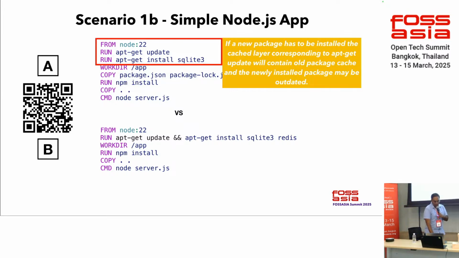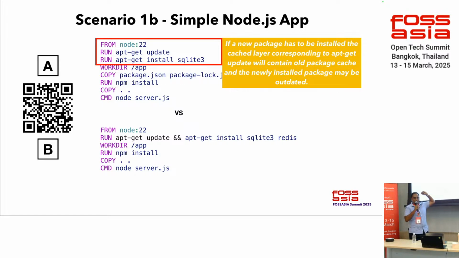So let's say I wanted to install Redis, then I'm using the old package cache, because sudo apt-get update will never run when I keep adding SQLite3, Redis and more packages in the RUN apt-get install, because the first two lines are already cached.